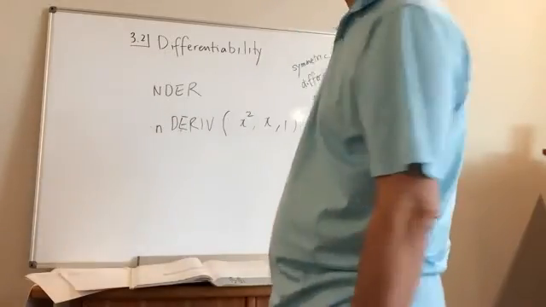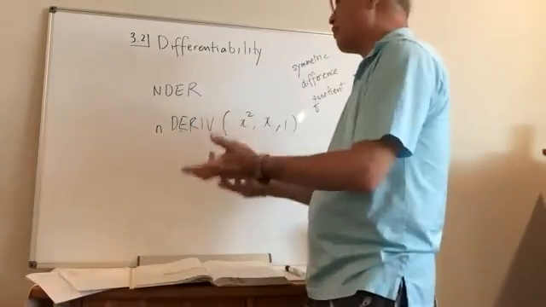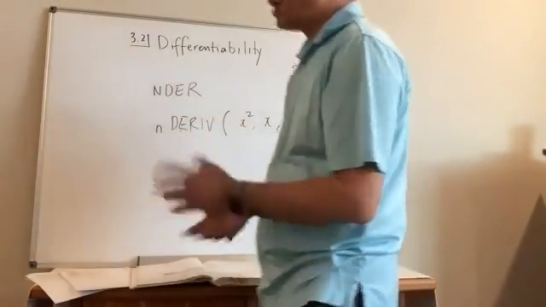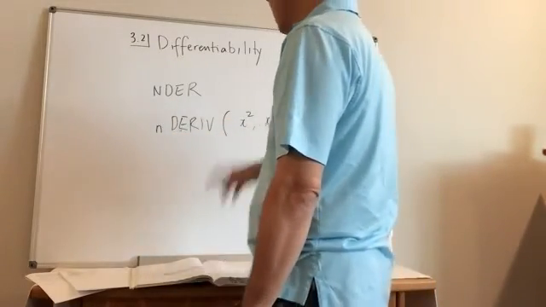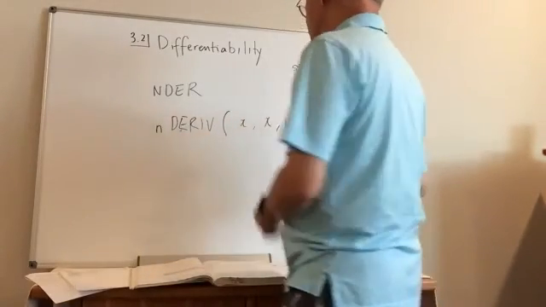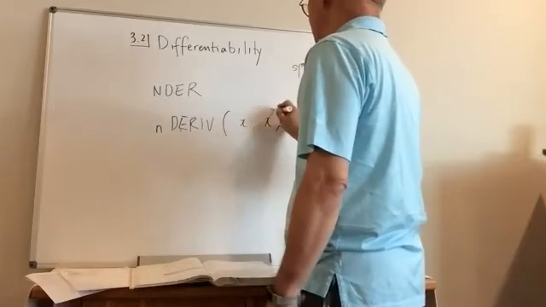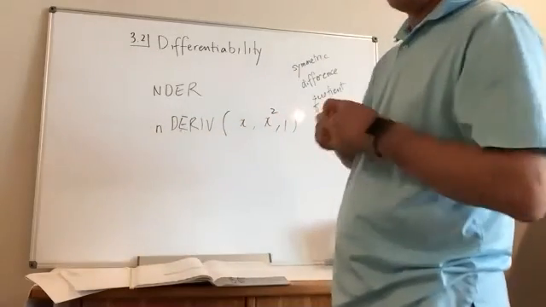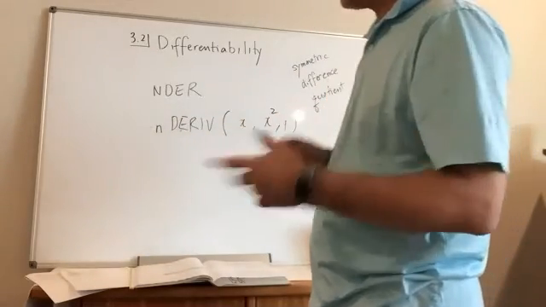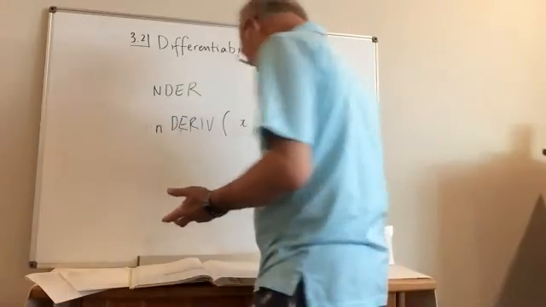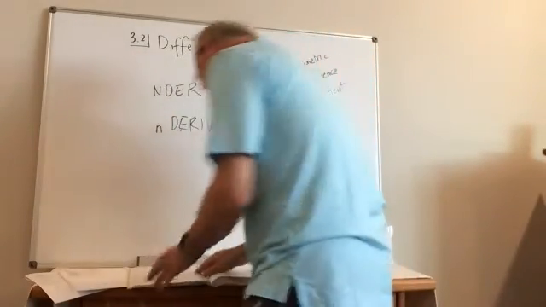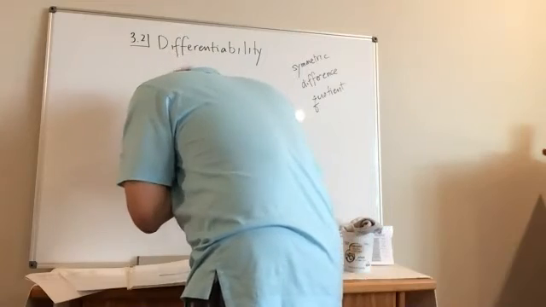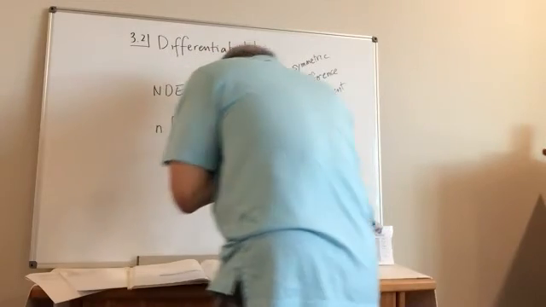So when x equals 1, the derivative of x squared is equal to 2. The first one is the variable, so I got this switched. You can tell that I'm not a calculator guy, obviously. Okay, so that is how to use nDeriv.